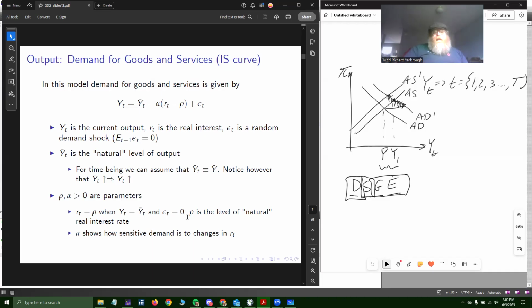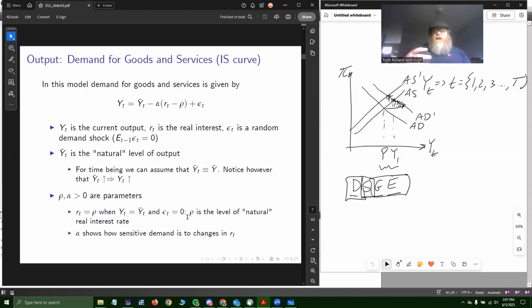Okay. And going back down here to rho and alpha. Rho and alpha, which we're going to assume are greater than 0, are parameters. So we can see that when the real interest rate equals rho, then output is equal to natural output. And so what rho ends up being here is what we're going to call the natural real interest rate.